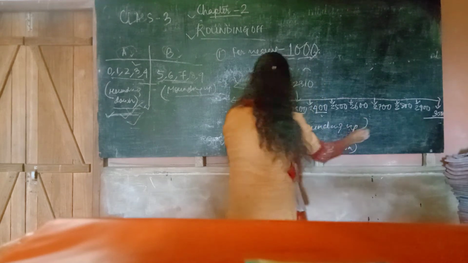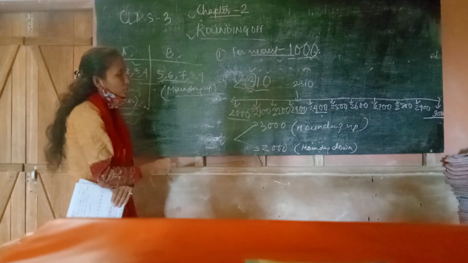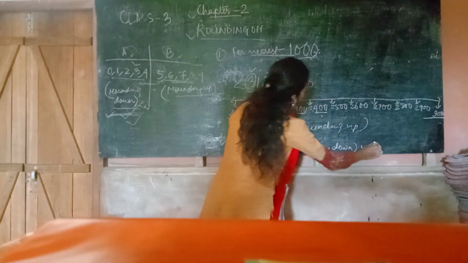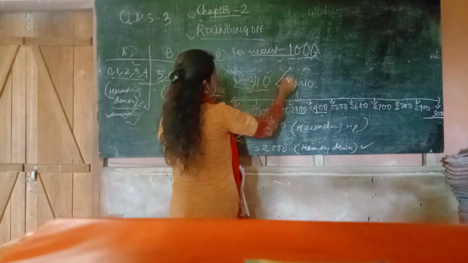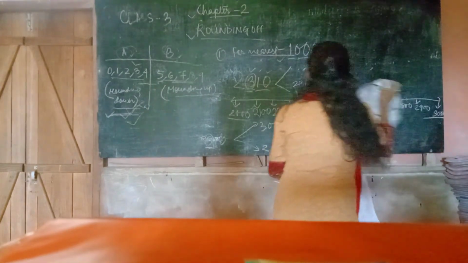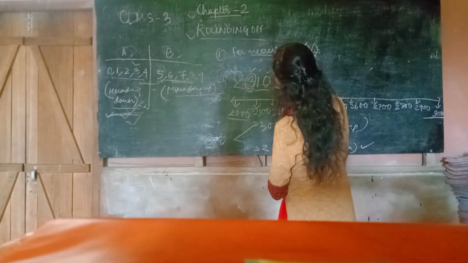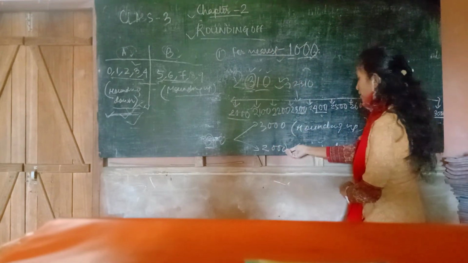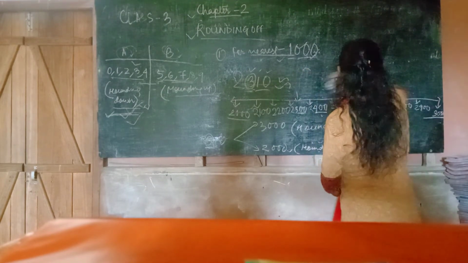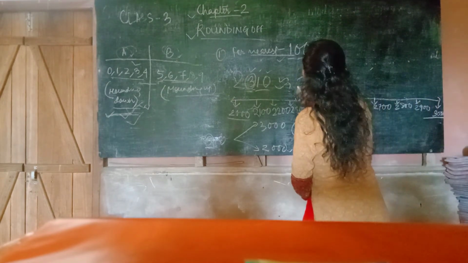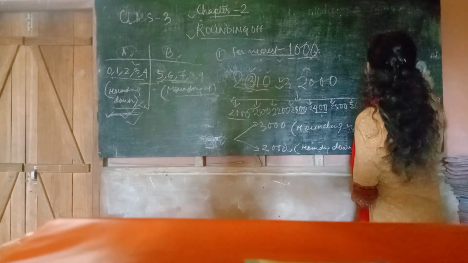Here the digit in the hundreds place is 3, less than 5, so it will be rounding down. So 2310 rounds down to the lowest number, 2000. So this is for the nearest 1000.